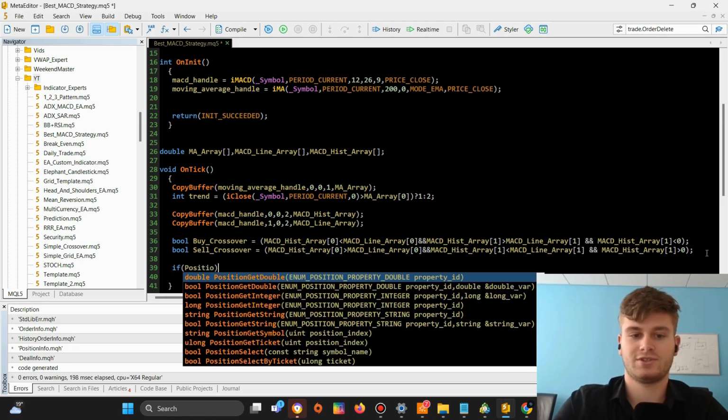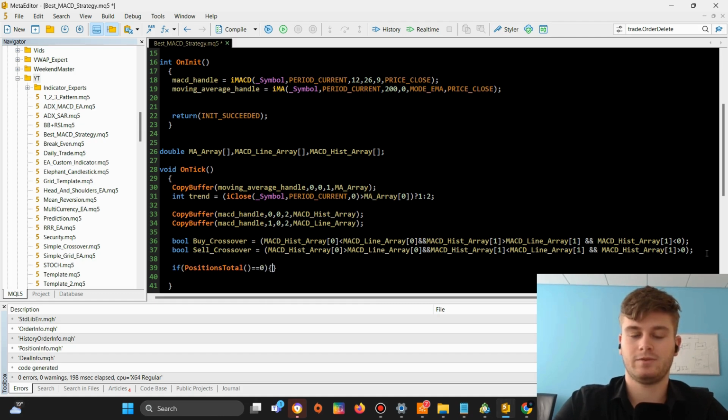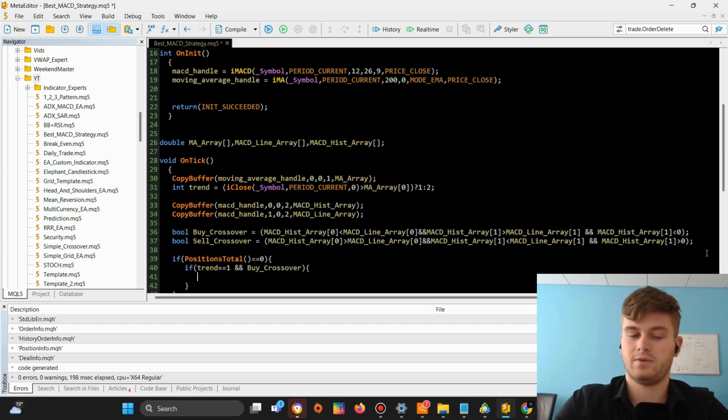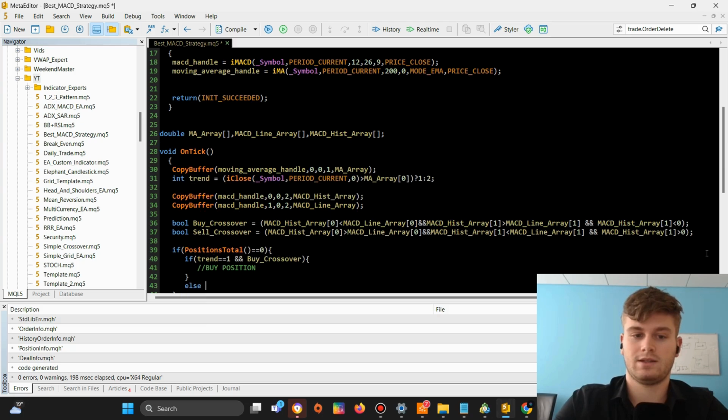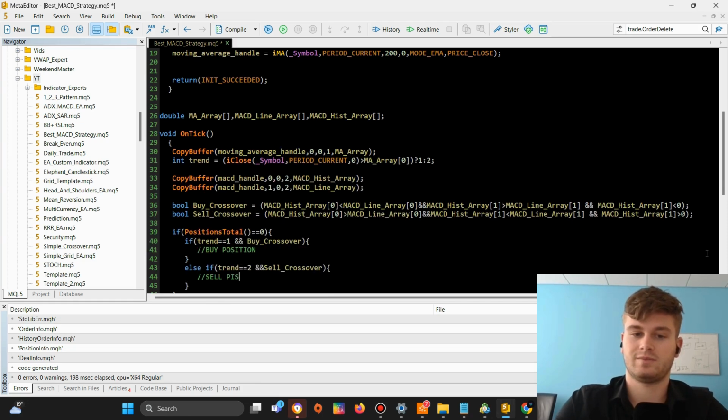So if positions total, so basically we want only one open position at a time, we can check for the conditions. So if trend is equal to 1 and buy crossover happens, then based on the best MACD strategy, we open a buy position. And else if trend is equal to 2 and sell crossover happens, then we want to enter a sell position.